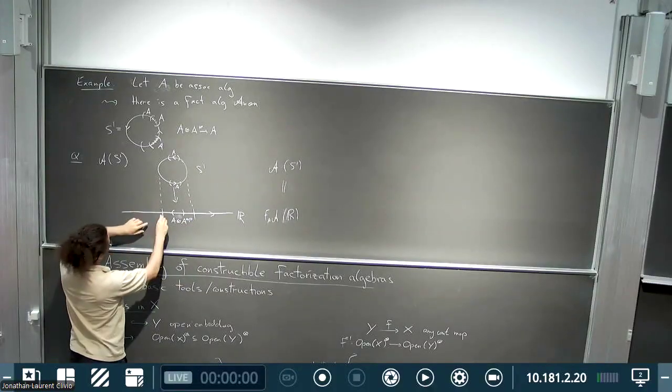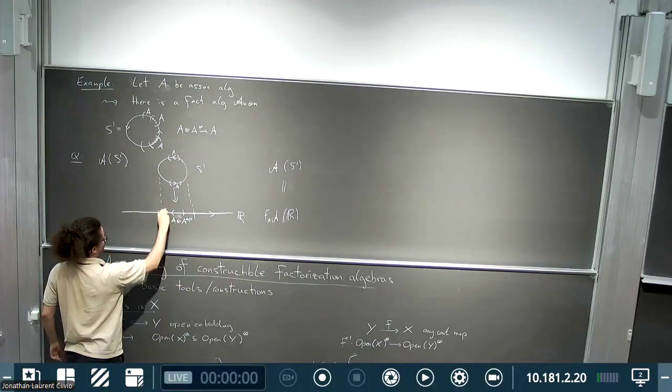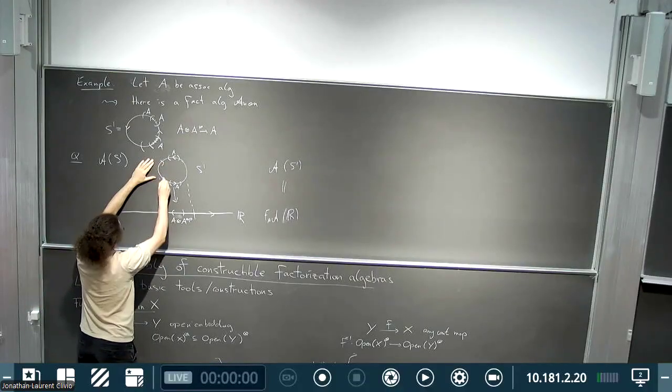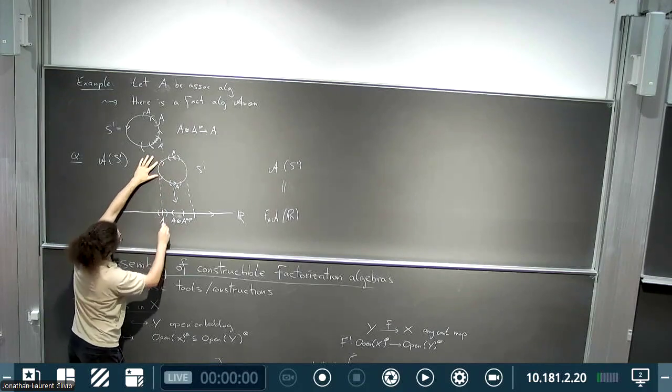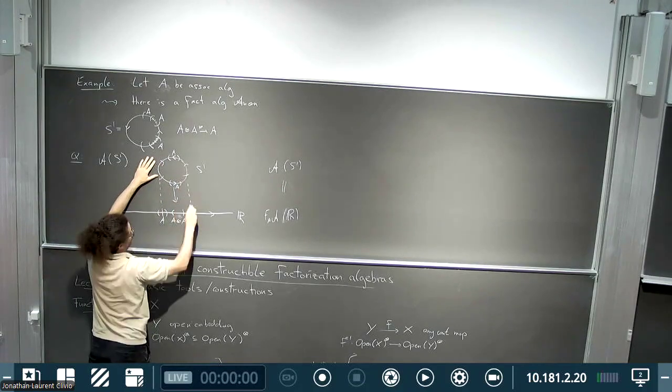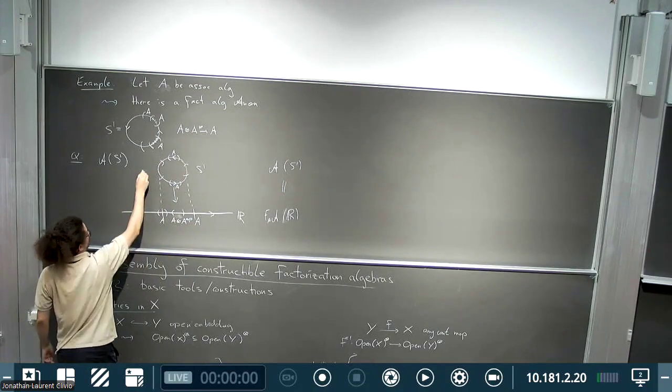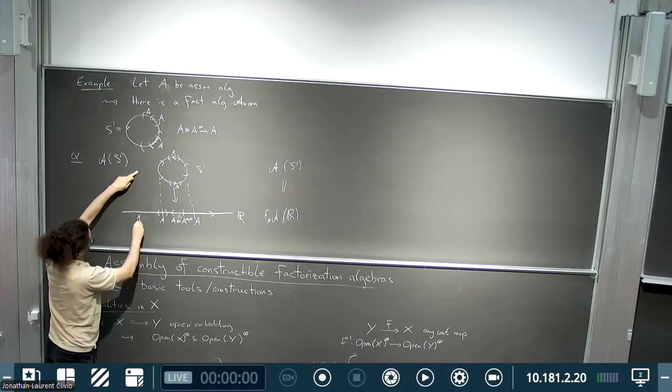And then if you look at what the value is at these special points, here you have an open of this form, so it's really just A. And then here you also just have A. And outside here you have nothing, so there's the empty set, and the empty set just goes to the monoidal unit.